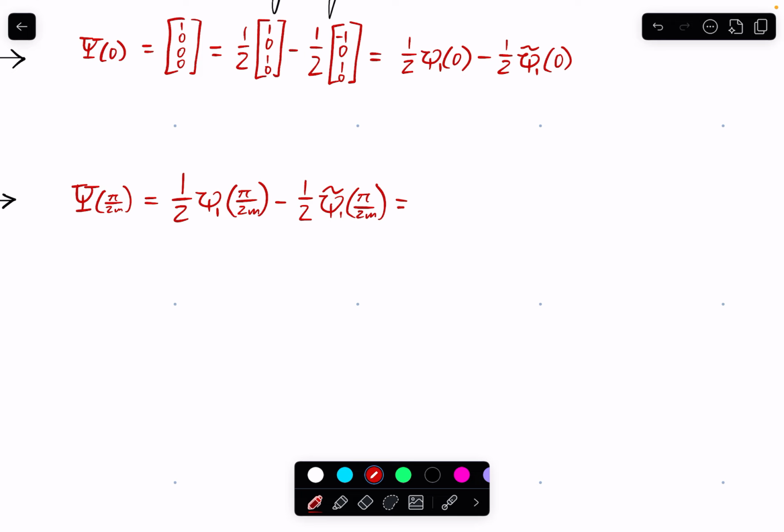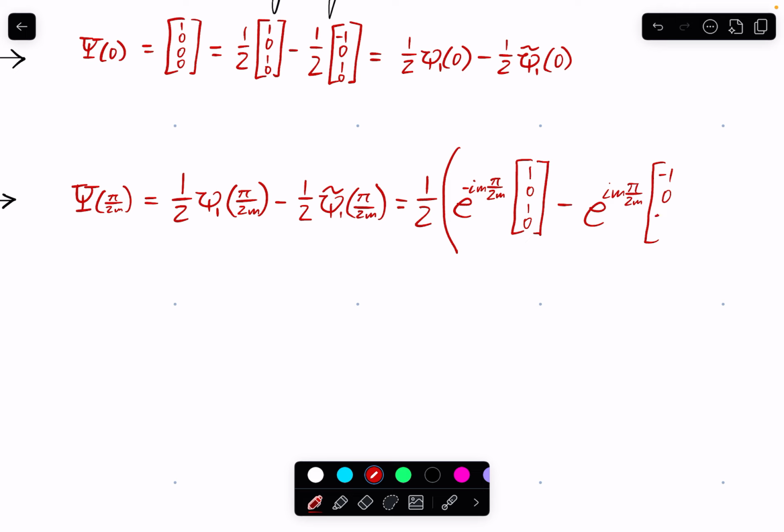So this is going to be 1/2. I'm just going to pull out the 1/2 here. e to the negative i m pi over 2m, and then 1, 1, 0, 0, minus e to the i m pi over 2m, negative 1, 0, 1, 0.